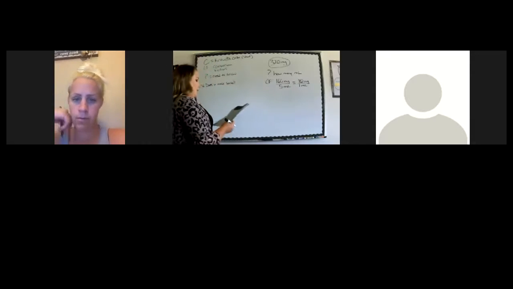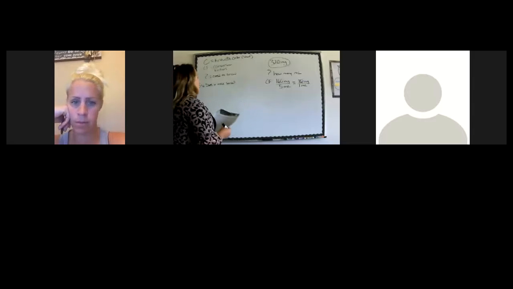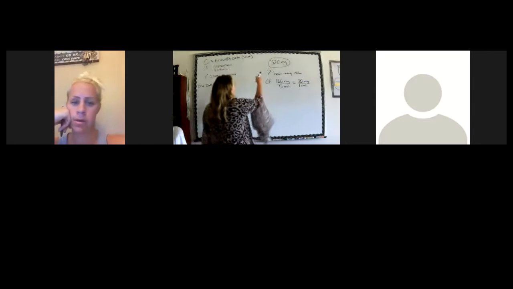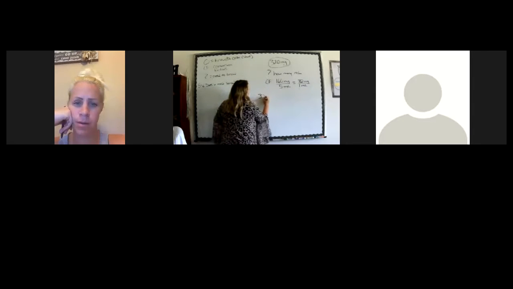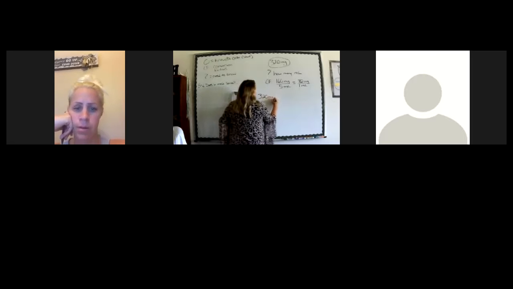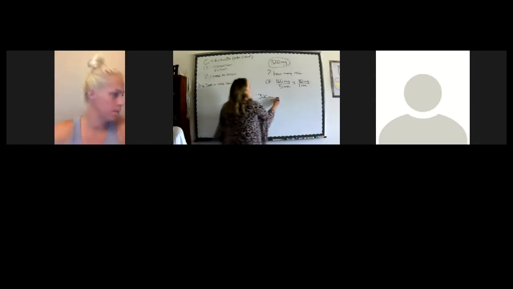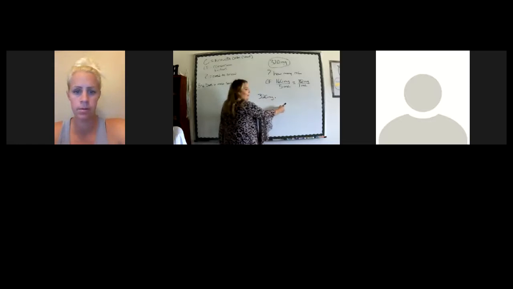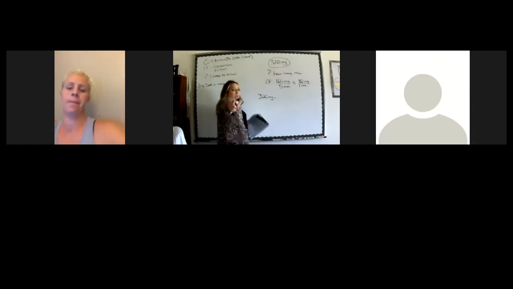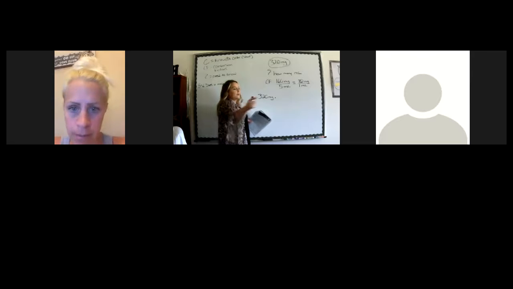Okay, so we always start with what we know. I circled it. What we know is 320 milligrams. That's what the doctor's ordered. Then I need my conversion factor. What goes up must come down. Jill, what goes on the bottom? Oh, you're muted.